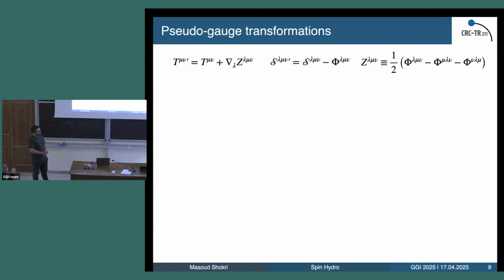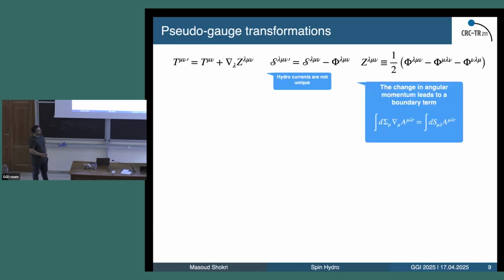And this is the definition of Z, so nothing new here. Basically, the first thing is that when you transform, you also transform the charge current.